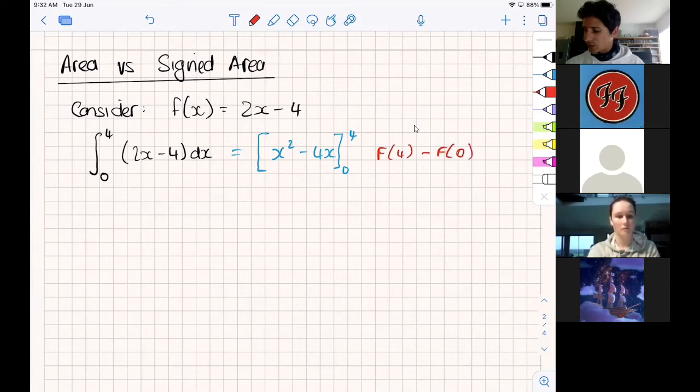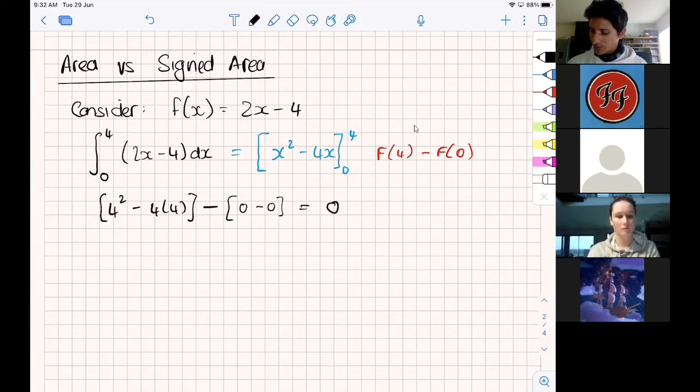Everywhere we have an x squared, I'm going to put 4. We're going to get 4 squared, take away 4 times 4. That's f of 4. And I'm going to take away 0 minus 0. And I'm going to get 0.